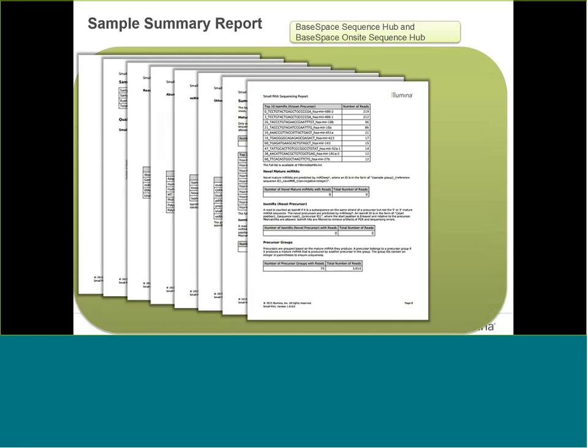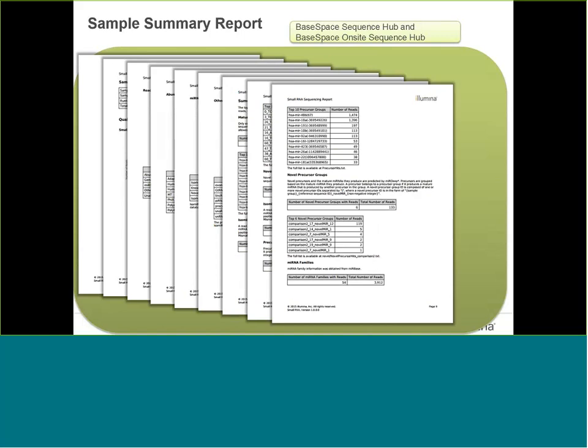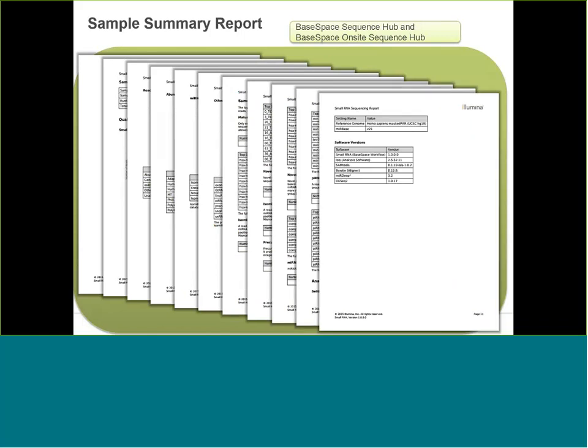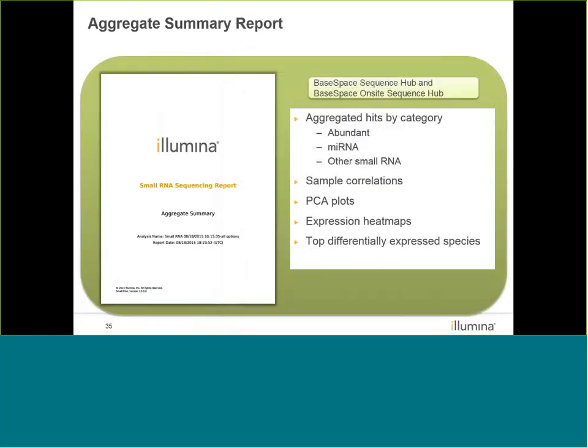And we'll get the same for our novel mature microRNAs, any novel mature or precursors that were found, our precursor groups, etc. So there's a lot of information, a lot of statistics reported in these files. I'd take a look at a couple of them to see what's all in there.